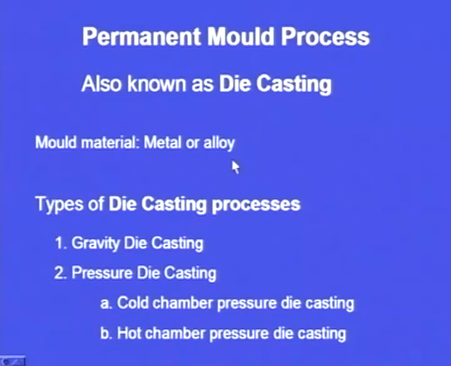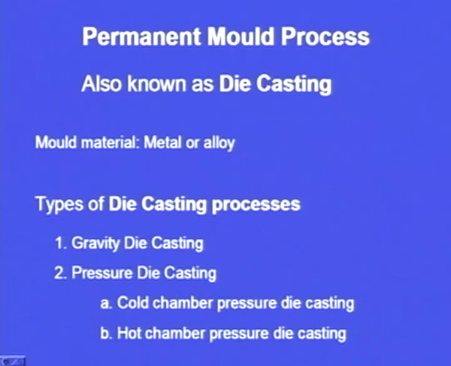There are two types of die casting process. One is gravity die casting, in which there will be a set of moulding boxes and we pour the molten metal, and the molten metal falls into the hollow cavity inside the moulding boxes by gravity. We are not applying any external pressure. So, this is gravity die casting.